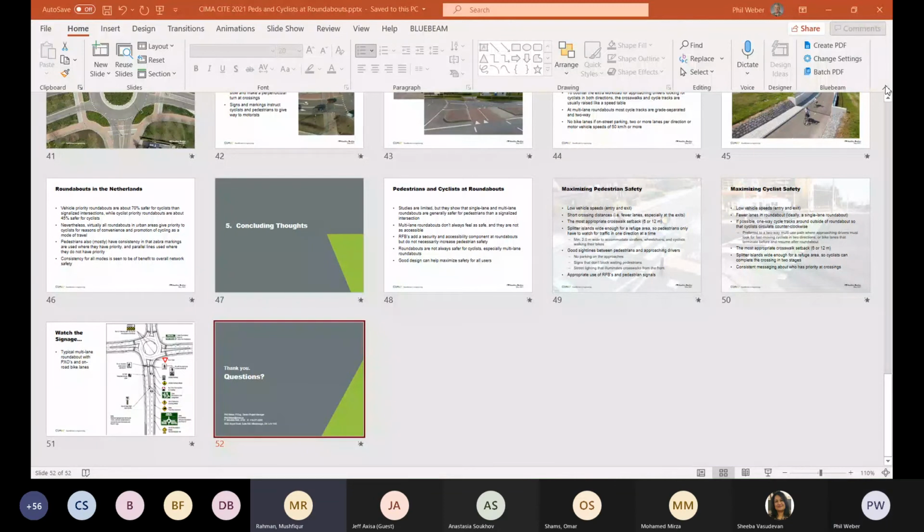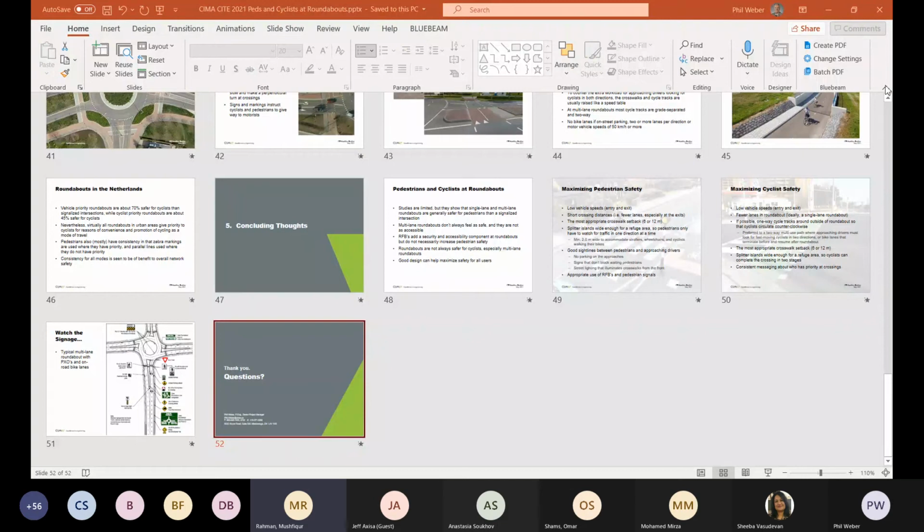Number two, you mentioned that a crosswalk further from the roundabout could be an option. Why would it be better than just a 6 meter offset from the roundabout?